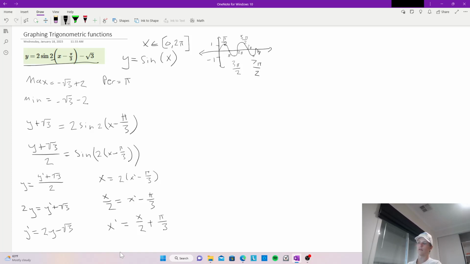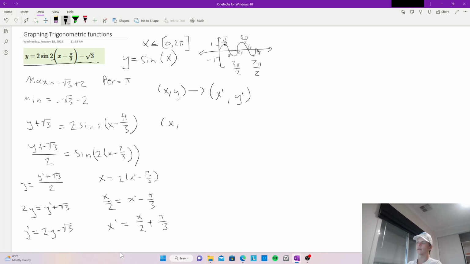So we can better write that as, from our y equals sine x graph, xy is equal to x prime, y prime, and then we know what these are equal to.